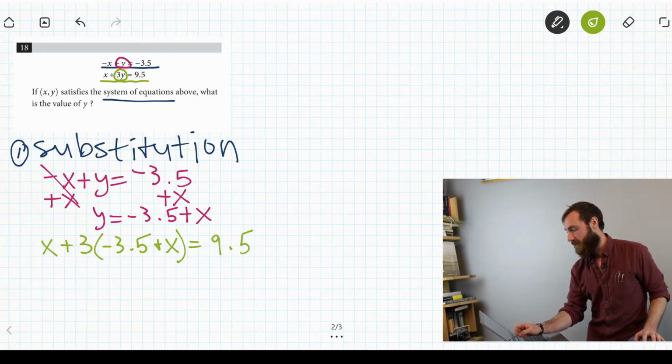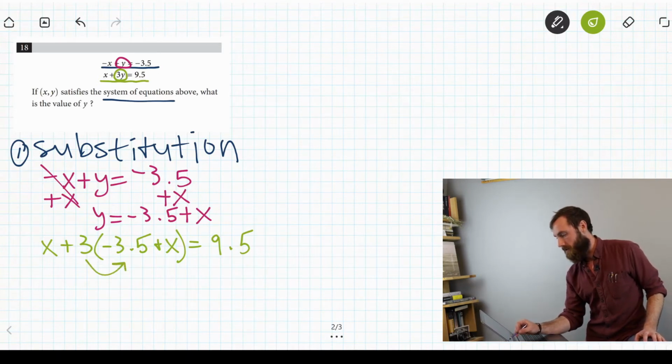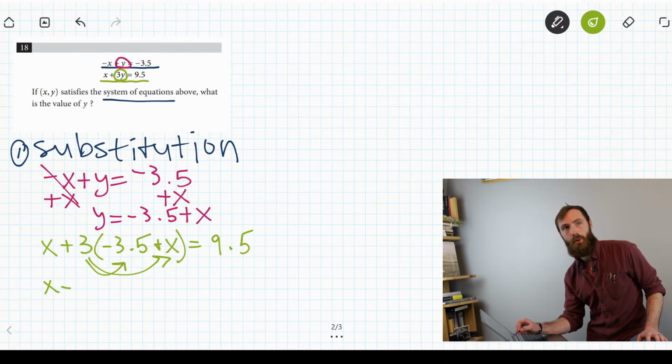So if we've got all of this, we can isolate x fairly easily. We're going to first distribute 3. We'll have x minus, because 3 times negative 3.5 will be minus, and we'll do this quick in our heads, 10.5. Can we check that? 10.5.